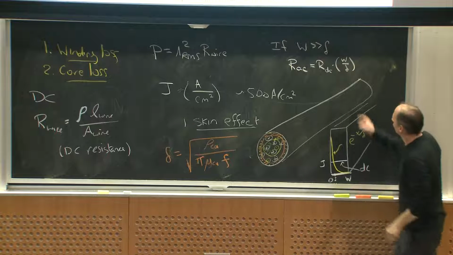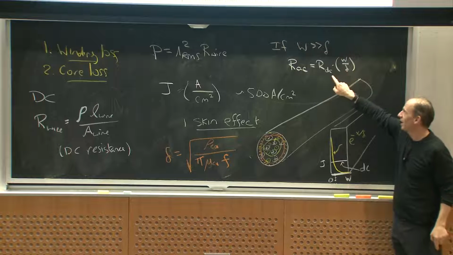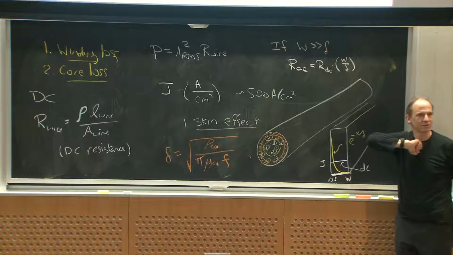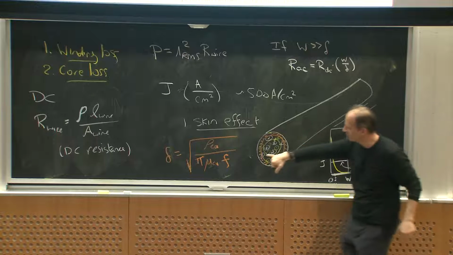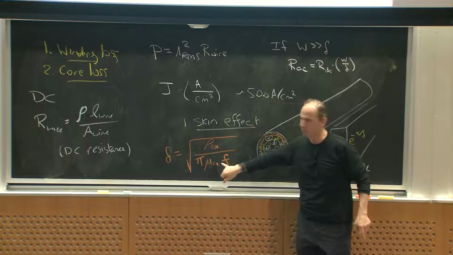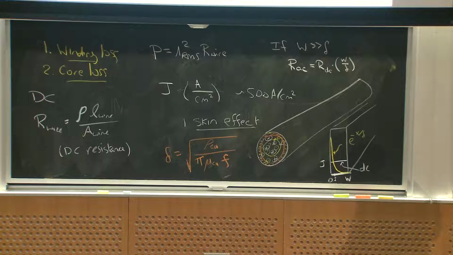So if my wire width is 10 skin depths, my AC resistance is 10 times the DC resistance. From this, my AC resistance goes up as the square root of the frequency in this regime. Any questions about that?